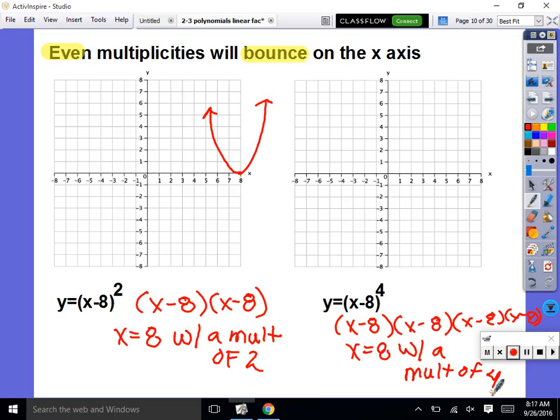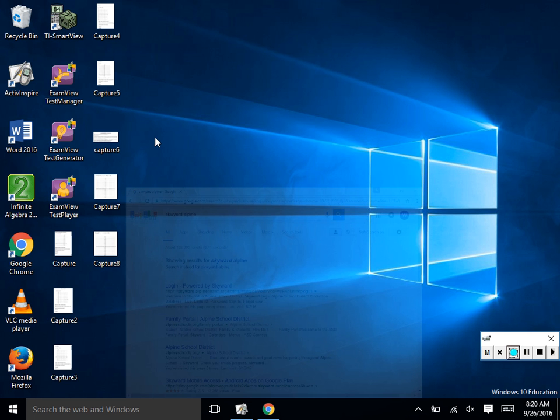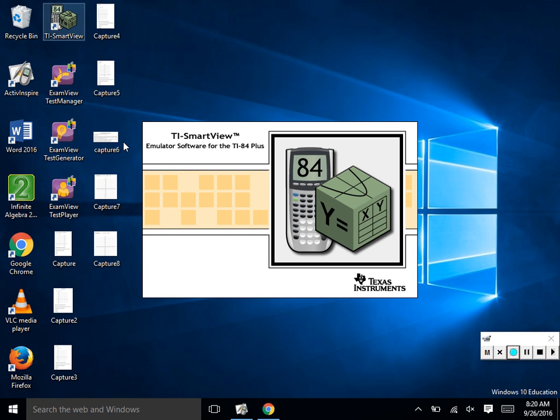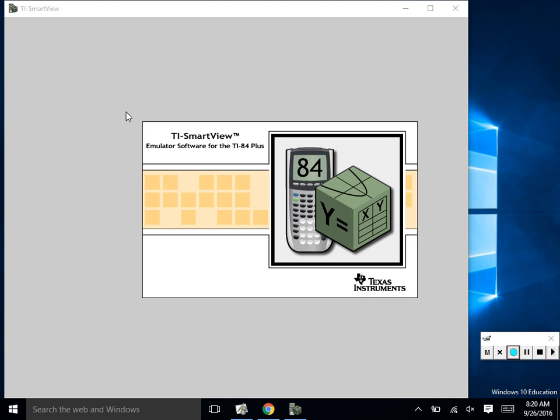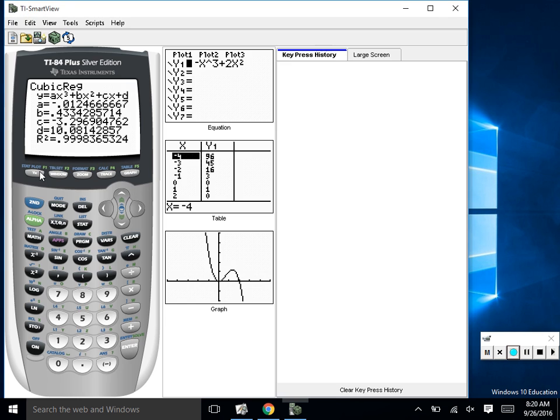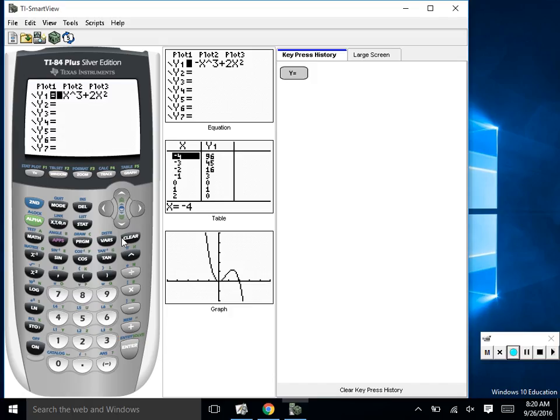I want everybody to see it. Go to y equals, type in parentheses x minus 8, close your parentheses, raised to the 4th, hit graph.